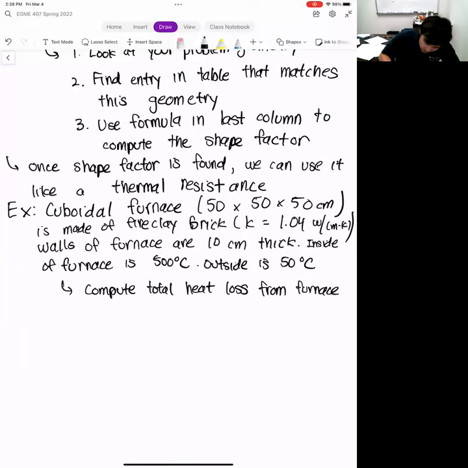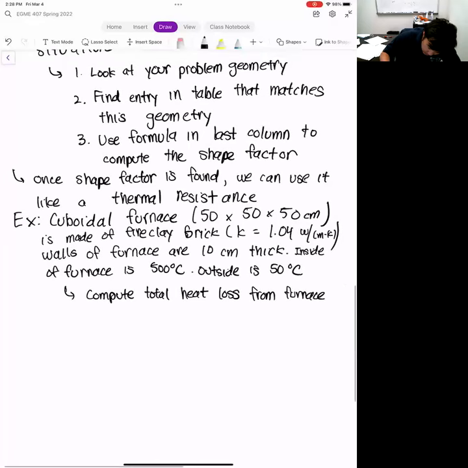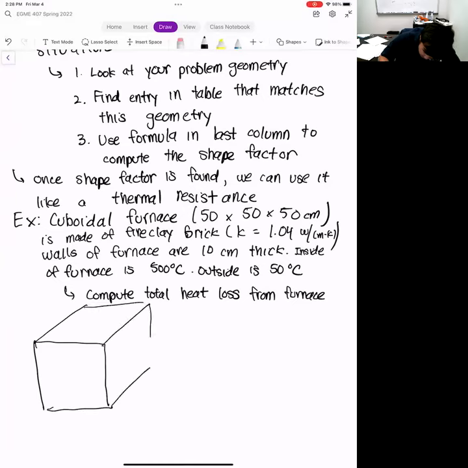Let me go ahead and draw a picture for this. We have a cuboidal furnace, and it looks something like this, where each side of the furnace is 50 centimeters.